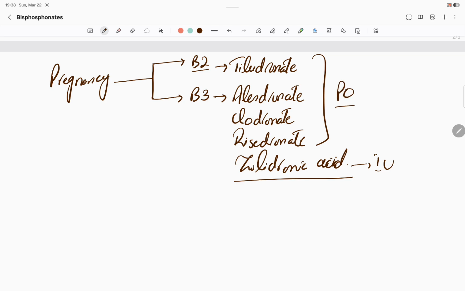What about side effects, or adverse effects? Well, we will divide adverse effects into two classes on the basis of routes of administration. If we talk about the adverse effects of oral, it includes nausea, vomiting, diarrhea, means gastrointestinal side effects.